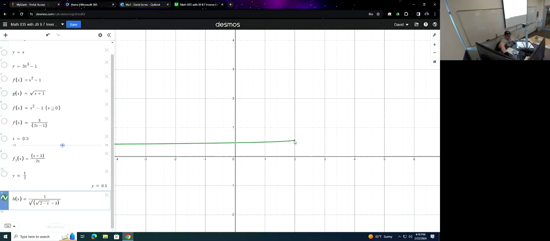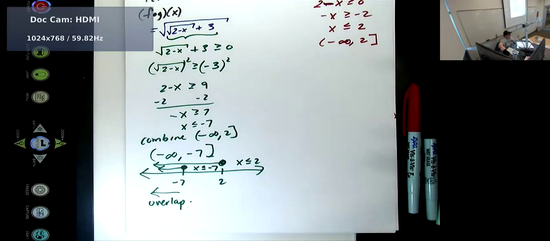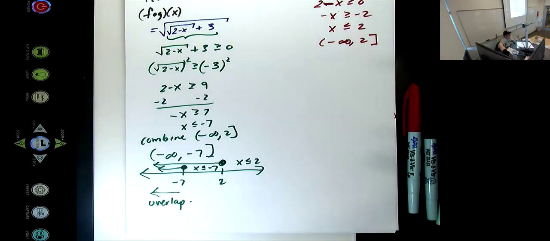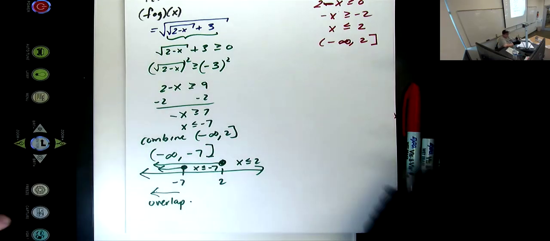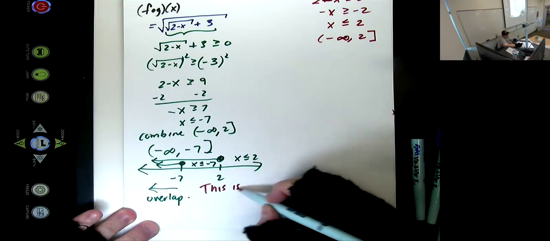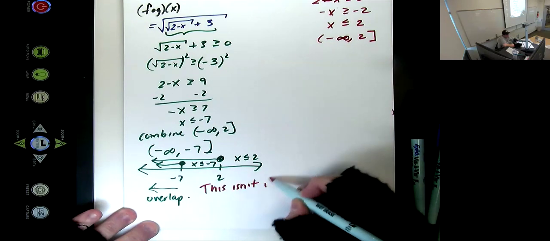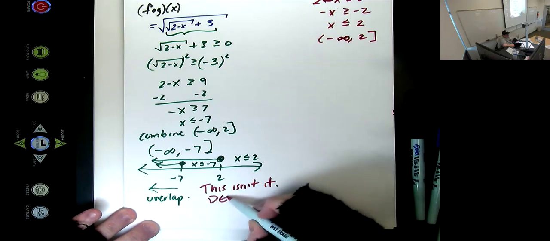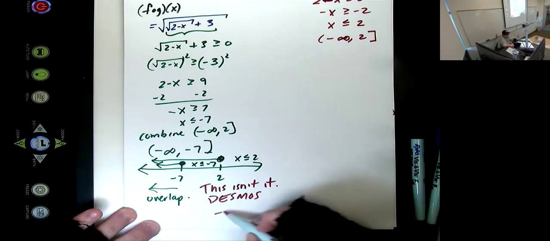So where did it go wrong? Why is there more to our domain than what shows? So this isn't it, believe it or not. We saw on Desmos that it was negative infinity to 2.